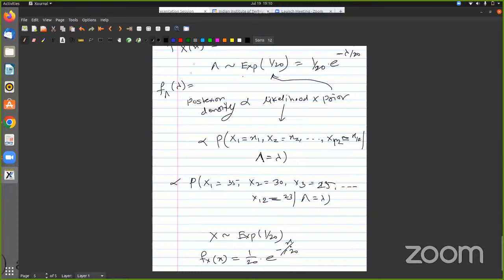Instead of that, what I'm saying is, this is my capital lambda, having this distribution. I want to find the density for this. So this can be written like this: f capital lambda of small lambda is equal to... You're understanding the analogy here? Yes, sir, this part is clear.